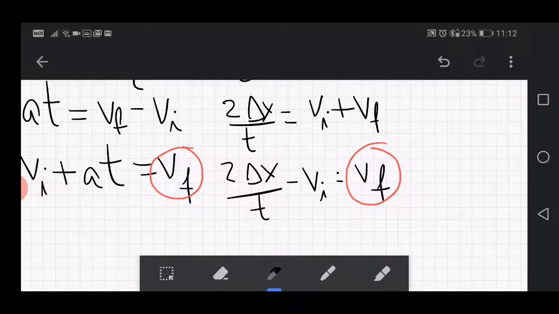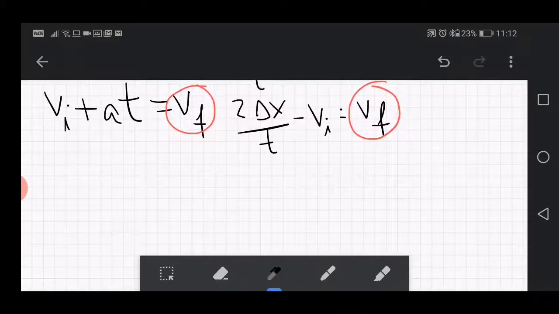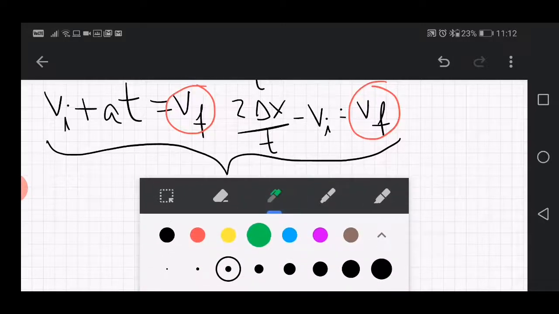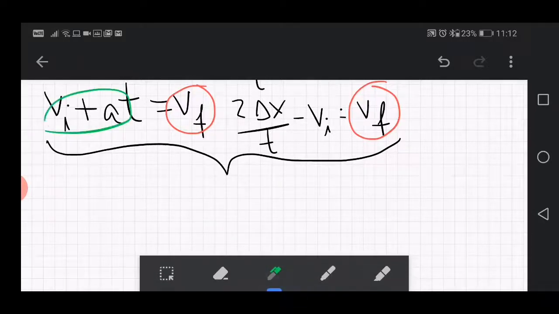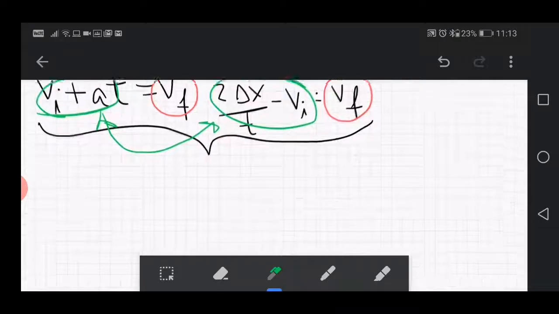so that as it is not difficult to figure out, we can use the transitive property of equality. If this expression that I'm highlighting in green is equal to final velocity, and this other expression is equal to final velocity, one way to get rid of the final velocity is simply to make these two things equal to each other.